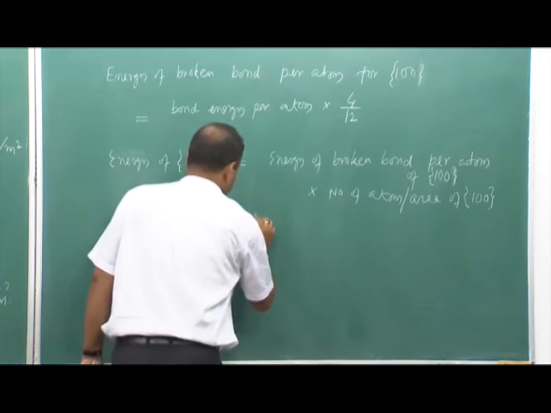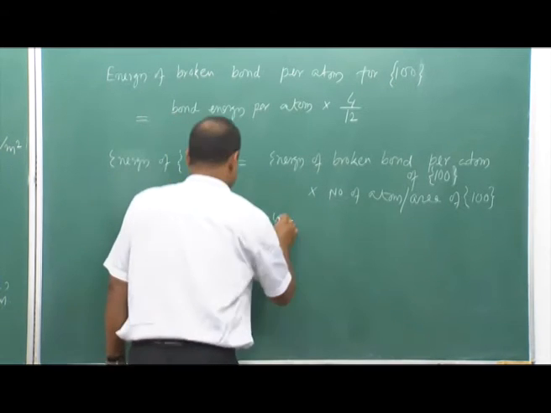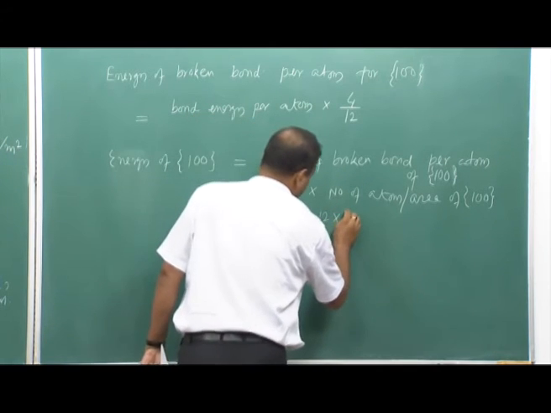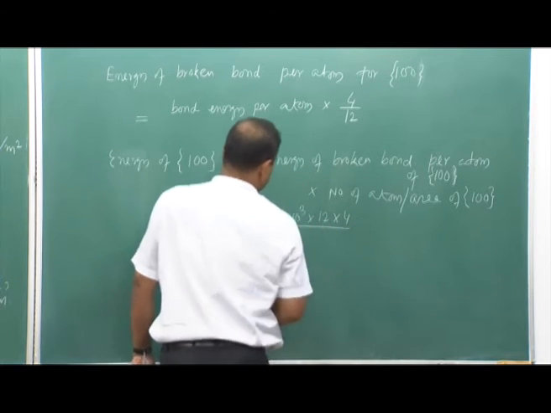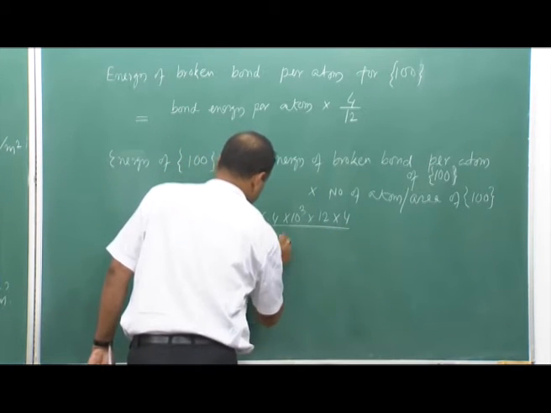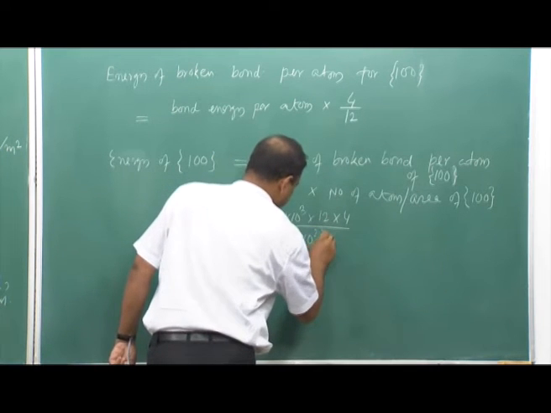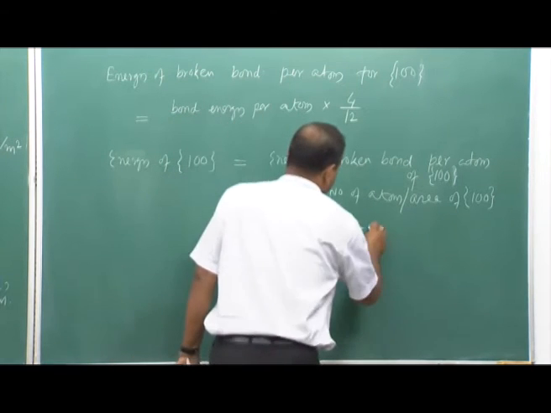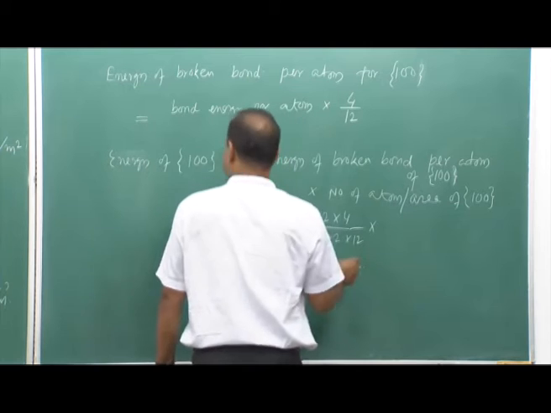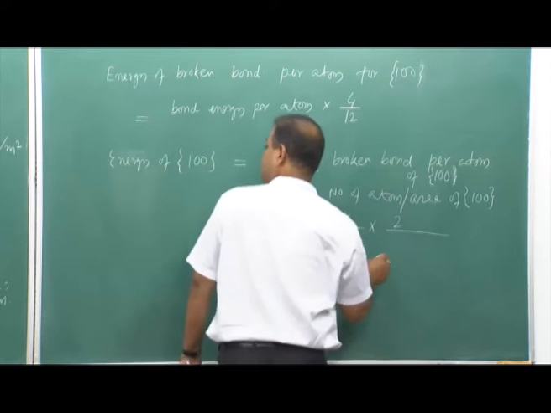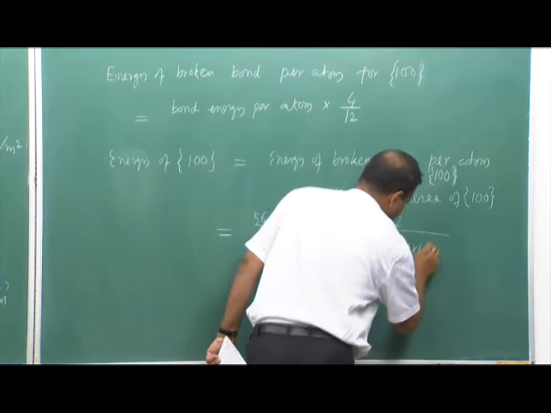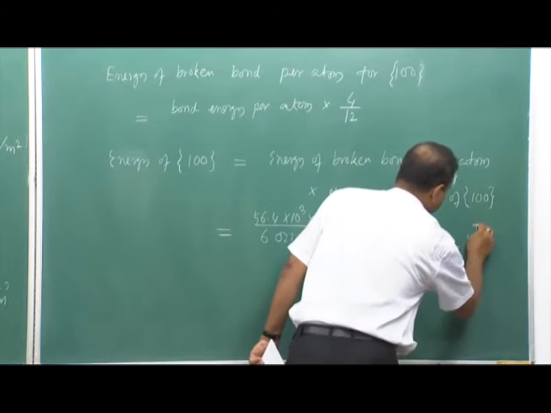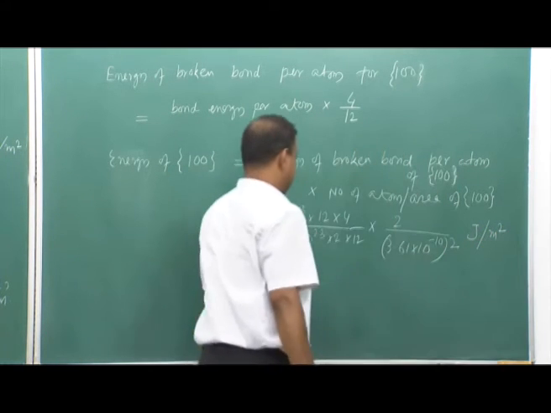So, it becomes 56.4 into 10 to the power 3 into 12 into 4, divided by 6.023 into 10 to the power 23 into 2 into 12, into the number of atoms we have calculated, 2 by (3.61 into 10 to the power minus 10) square. So, this becomes joule per meter square.